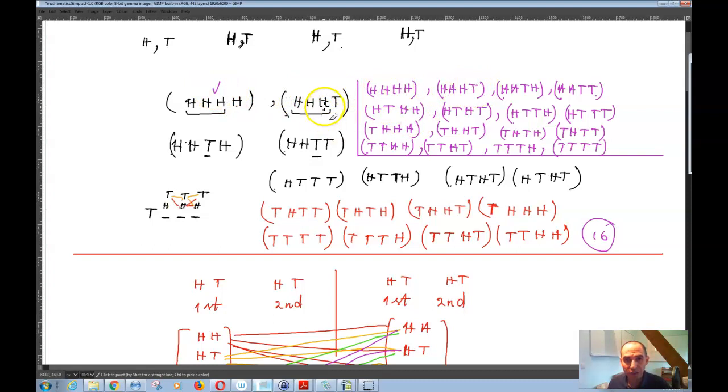And I think if we compare these with what we've gotten over here, HHHH is this one, HHHT is this one, HHTH is this one, HHTT is this one. HTHH is, and actually that's valid, but one of these has to be that one.